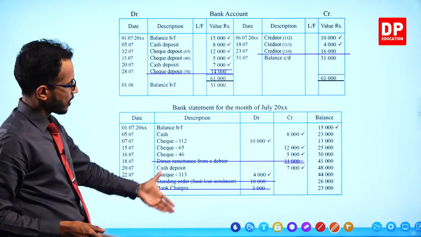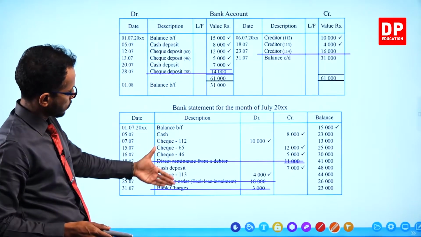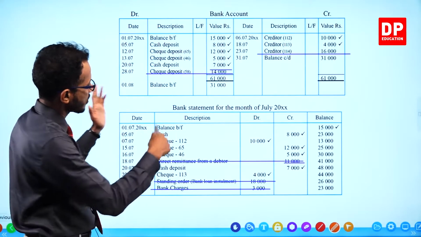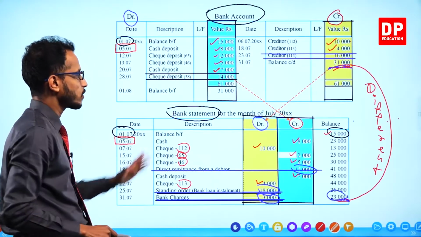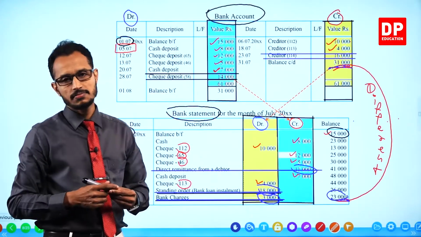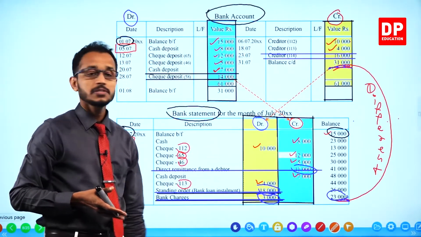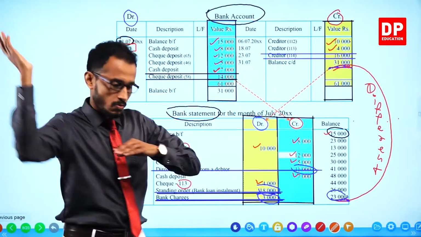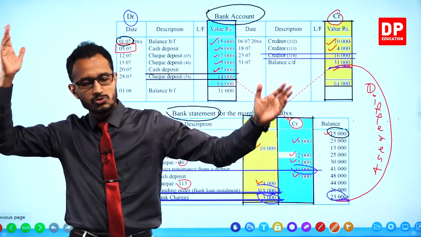As you can see, children, here we have done the cross-checking. If this is not familiar to you, how about this? This is where I did the cross-checking, the comparing of the bank account and the bank statement. It's like drawing the swords across.